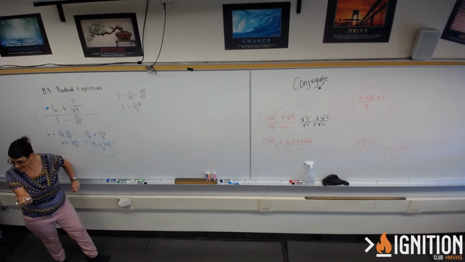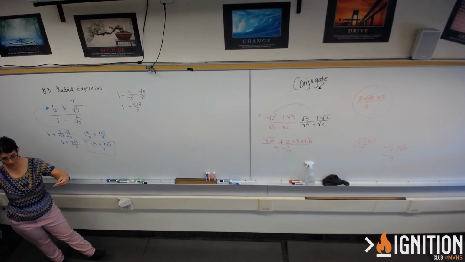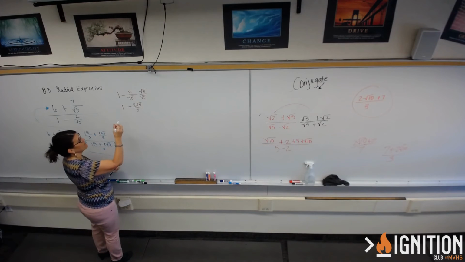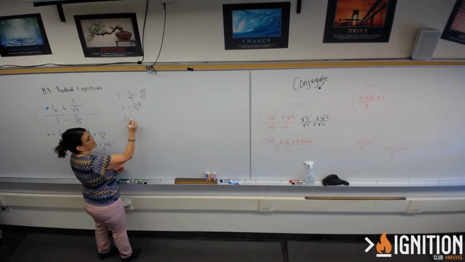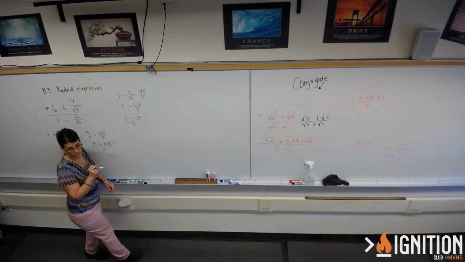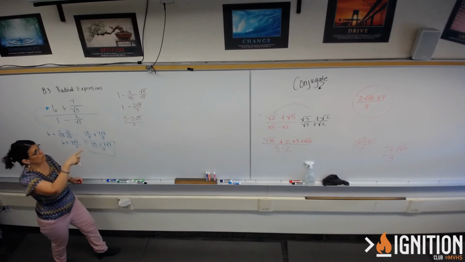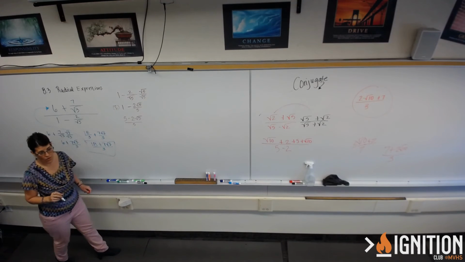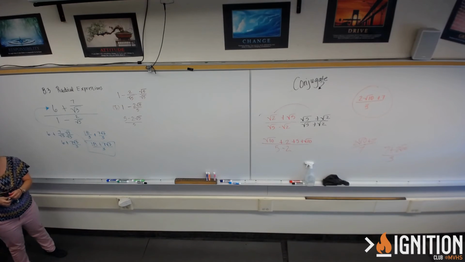Now, I don't like that. I want to combine them. Multiply the 1 by 5. Great. So this is 5 minus 2 root 5. 1 is the same thing as 5/5. Okay, so that's my denominator.